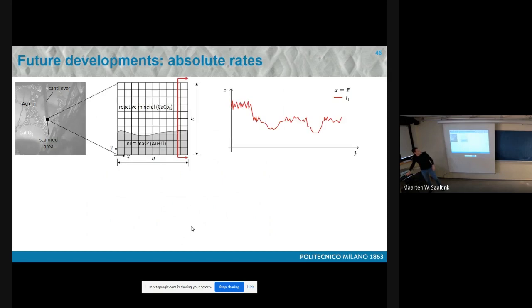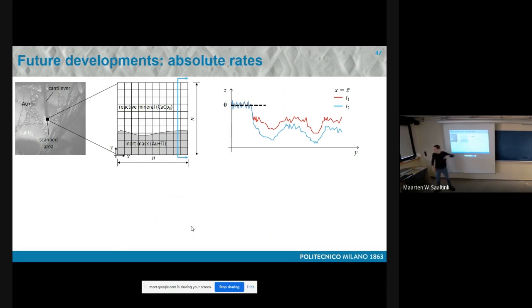This said, we are working now on, so what I showed are primes, so fluctuations of the reaction rates, because for those samples, we had not the capability or possibility to set up a reference plane. Now we are working on that, and we did actually work with inert masks with gold and titanium in this case.